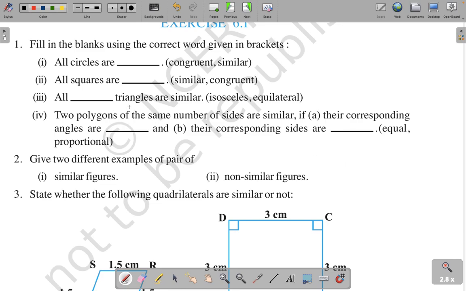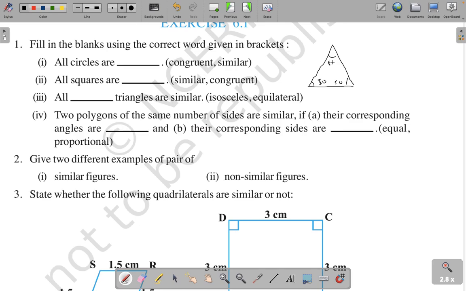All isosceles triangles are similar? Equilateral triangles, yes, but isosceles, you can have different angles. So this is one isosceles triangle, say 50, 50, 80.